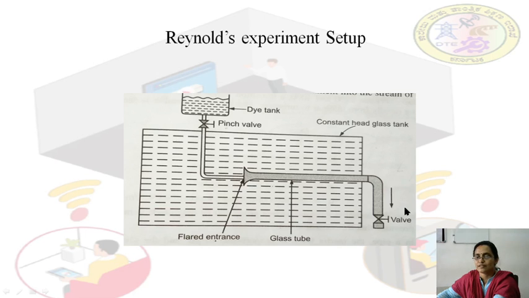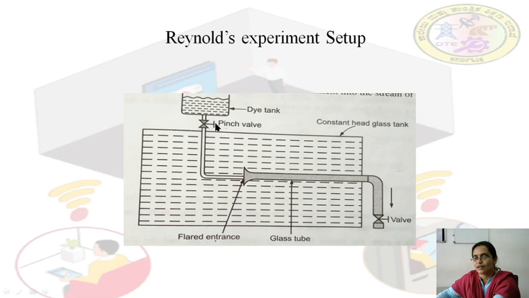So this is the figure diagram of Reynolds experiment setup. You can see a constant head glass tank with fluid in it, and a dye tank. This dye tank has a water soluble dye in it.